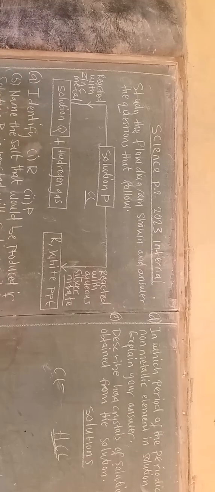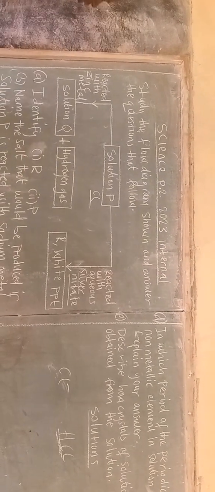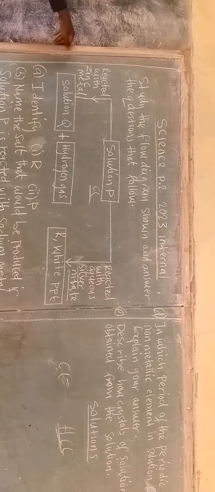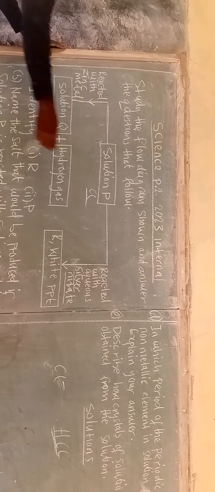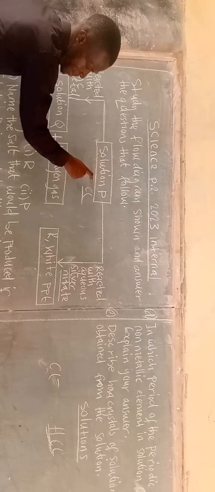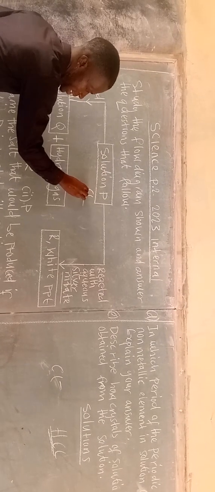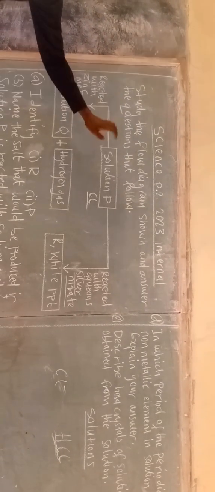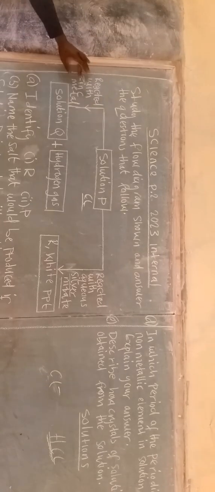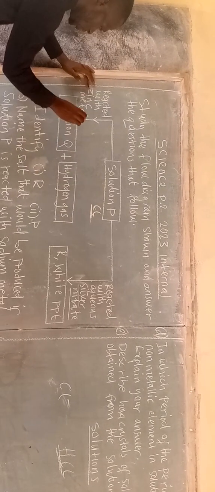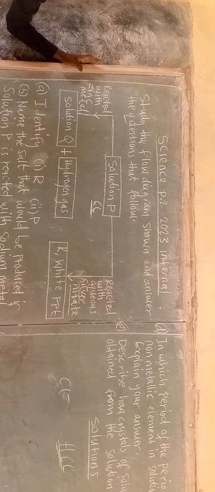So we identify R and P. It's best to start with P, or we can start with R, it is fine. Since we know this is an acid, and this same acid contains the chloride ion, if this acid is reacted with the zinc metal, then because of this chloride ion the salt here will be zinc chloride.